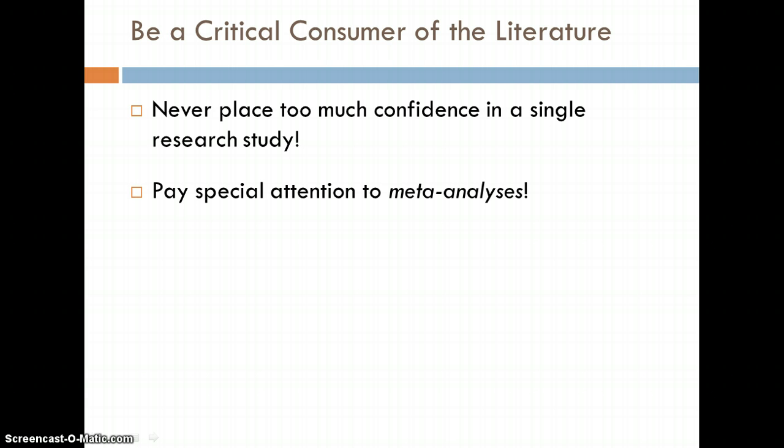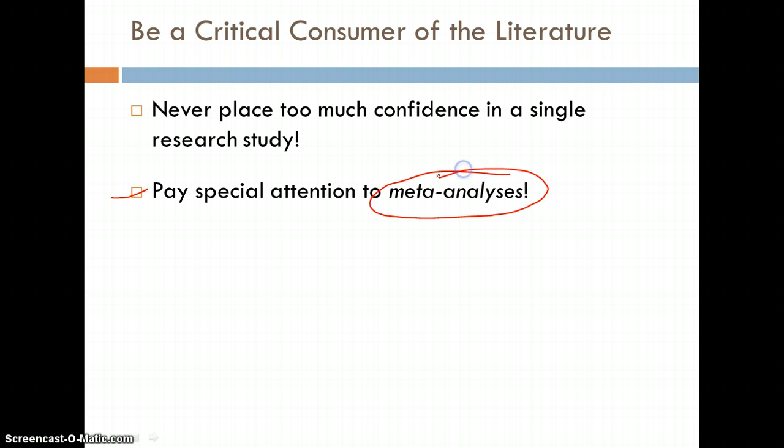Because of the importance of viewing the full set of studies on an issue, and the benefit of replication, I recommend that you pay special attention to something called a meta-analysis when you find them in your literature searches.